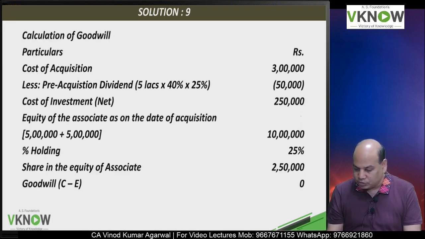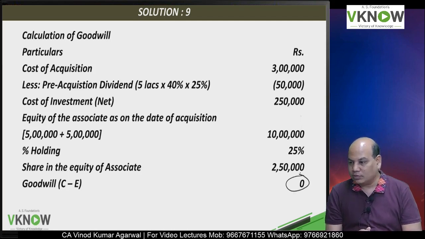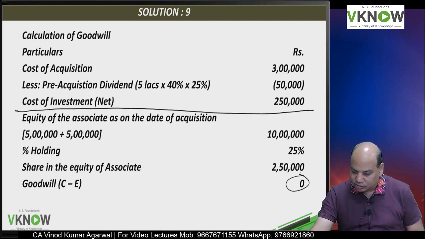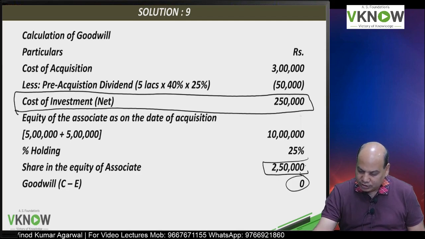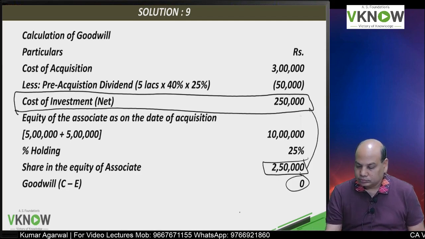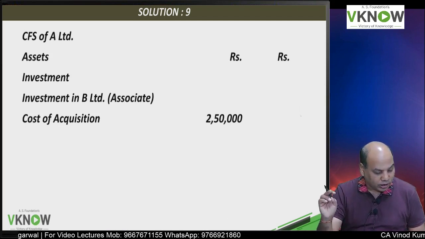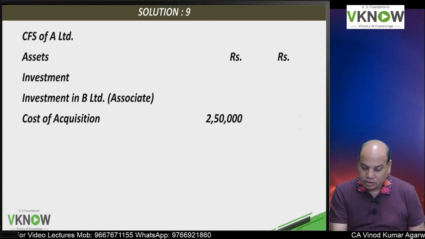So first answer is goodwill. Please check. Goodwill calculation, please check. You need to revise the investment cost, then compare with share in net asset. And now my question is how the investment would look like for the year ended 31st March 2003.